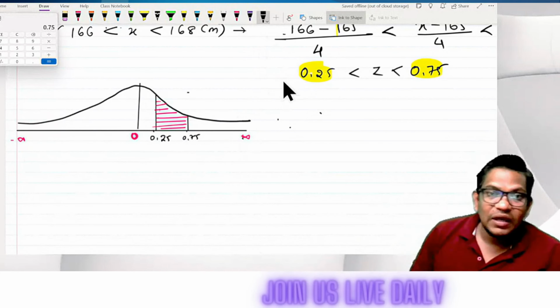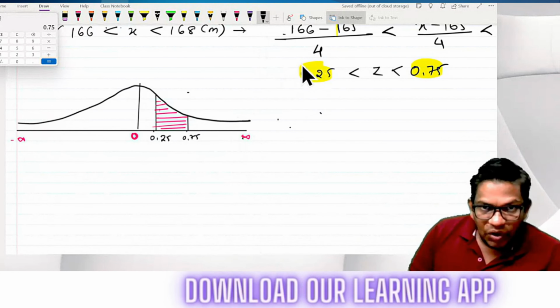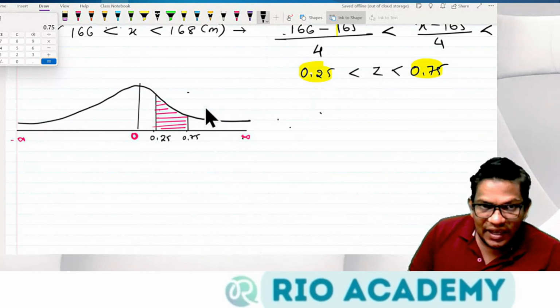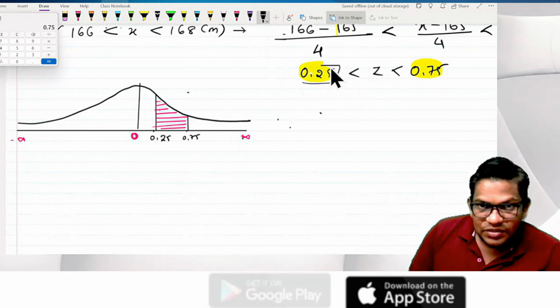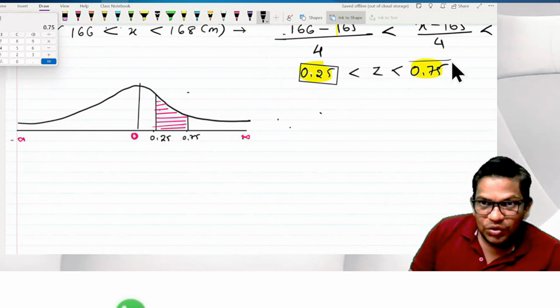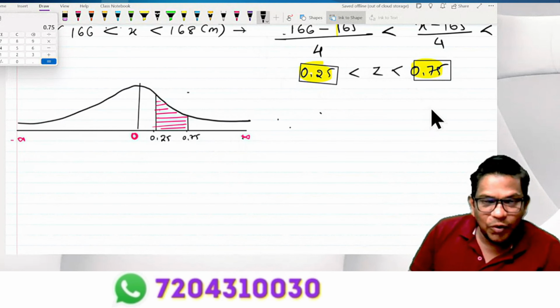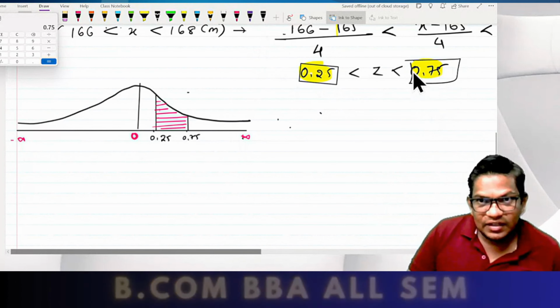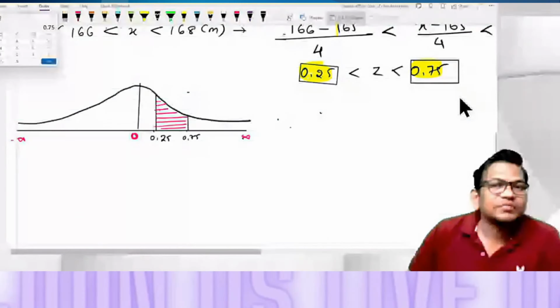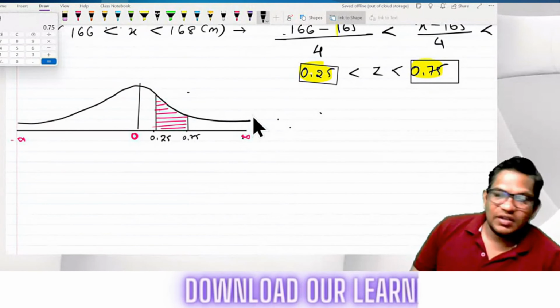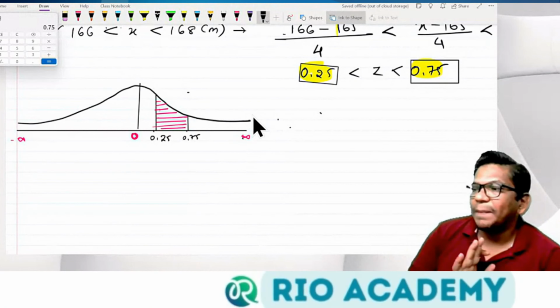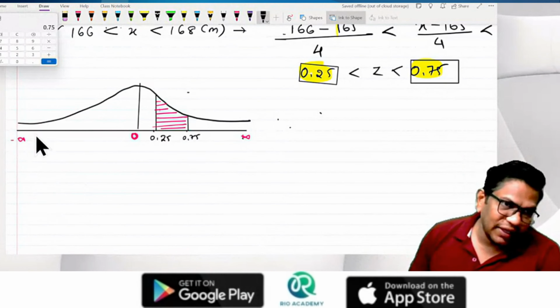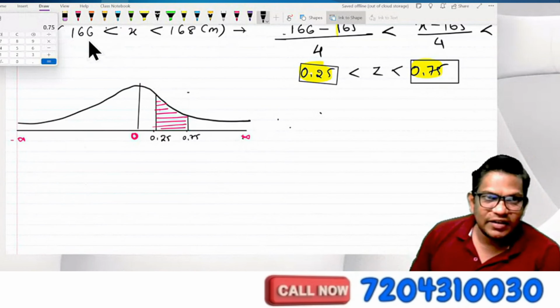Now they said the area is between this area, means from 0.25 to 0.75. These are two areas we have, correct? First ensure that the total area from here to here is 1, correct? So why can't we take 0.25 till infinity? Look at that.